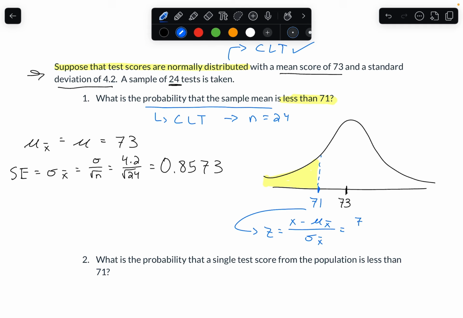So 71 minus 73, divided by 0.8573. My z-score looks like negative 2.33. So there's my z-score. And then at this point, we can hop over to our z-tables and we can say, okay, what's the area to the left of negative 2.33?